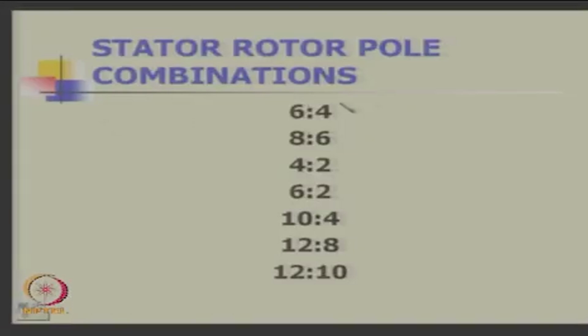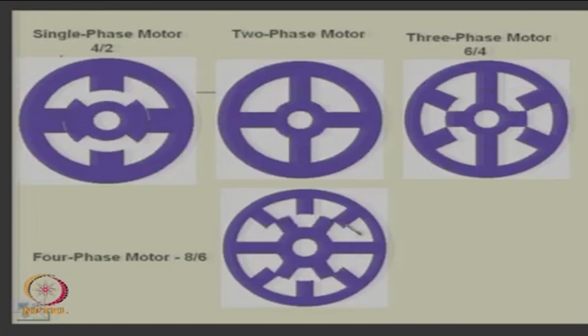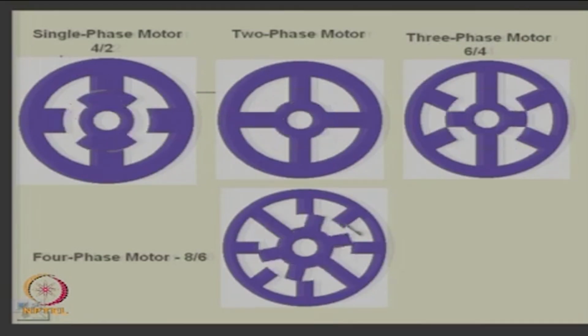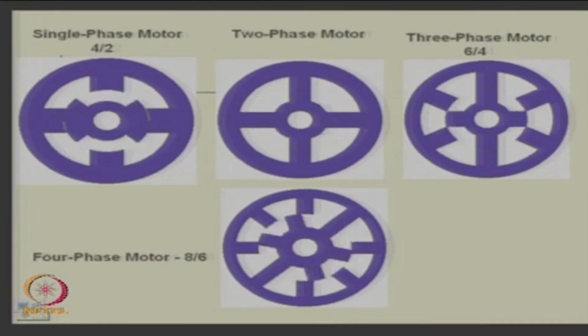So, the combinations generally are these: 6 by 4, 8 by 6, 4 by 2, that means stator 4 rotor 2, 6 by 2, 10 by 4, 12 by 8, 12 by 10. So, these are all the stator poles and these are all the rotor poles. These are the combinations which are used.